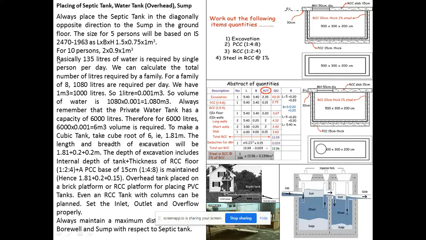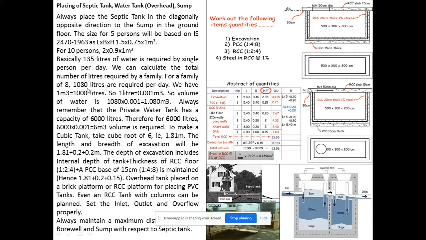From here, we are discussing about the sump or overhead water tank. But basically, 135 liters refers to the amount of liters required by a single person, whether it could be due to drinking or washing vessels or washing clothes, or per person overall 135. Now we can calculate the total number of liters required by a family.